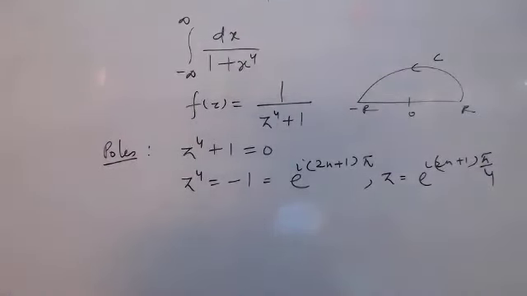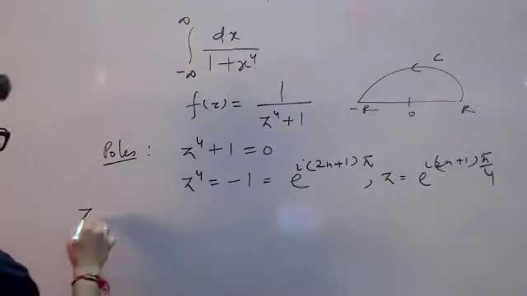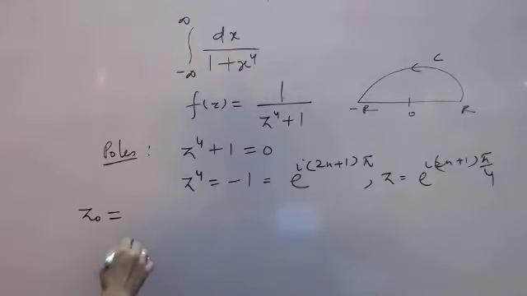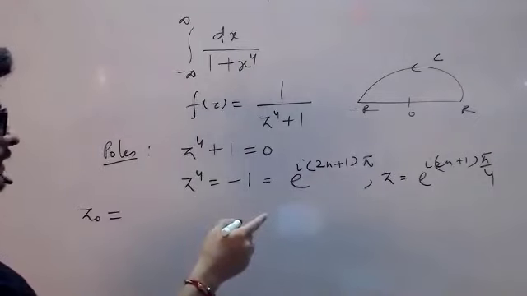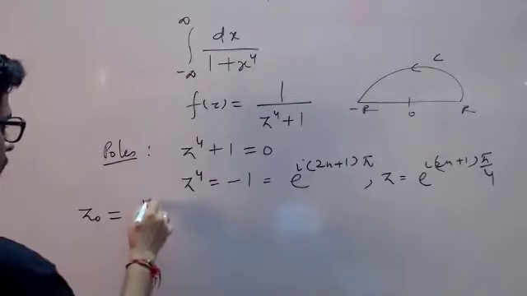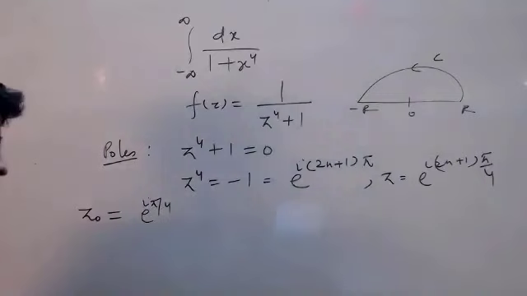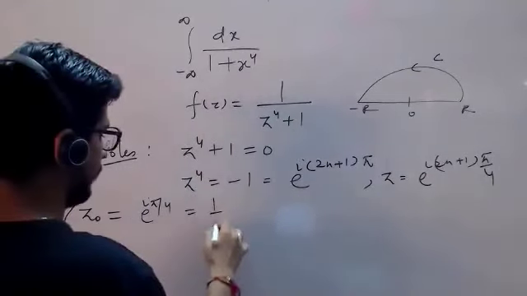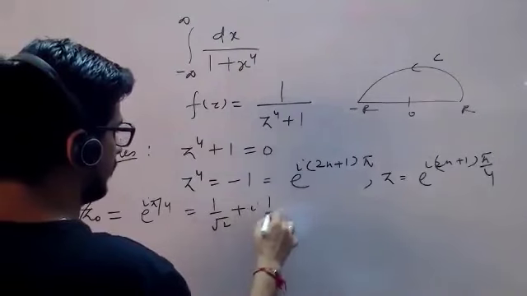So what are the poles? z0, for n equal to 0, is e to the power i pi by 4, which is actually 1 by root 2 plus iota 1 by root 2.